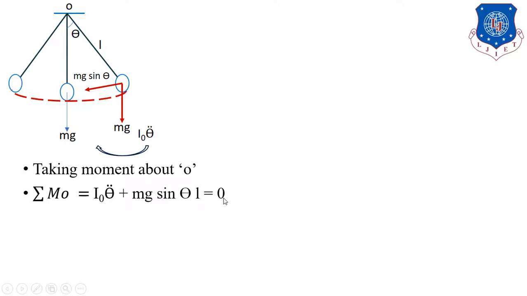So if we simplify our equation, we get theta double dot plus mgl upon I0 into theta equal to 0. Here instead of sin theta we place the value of theta, because for a small angular displacement we consider sin theta equal to theta. So this is our equation.